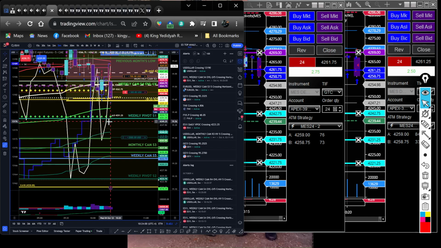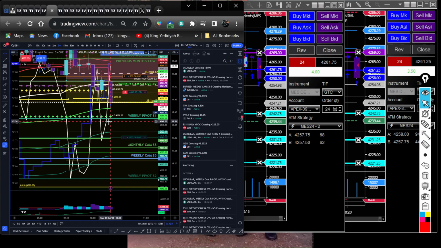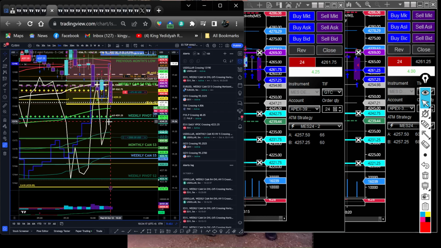See, the momentum is picking up to the downside, and let's see if we can maintain the momentum and get down to Camarilla S3. That was my original target, so let's see if we get there. It's not gonna be a big profitable day anyway because I gotta regain these losses. So let's see here if it works out.